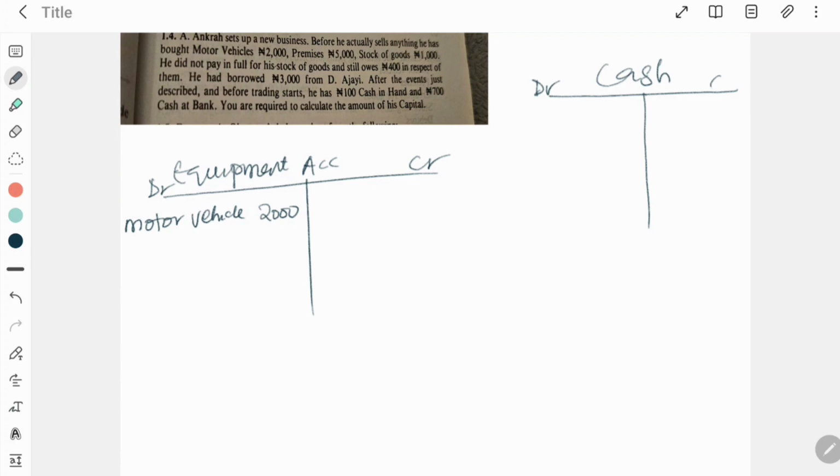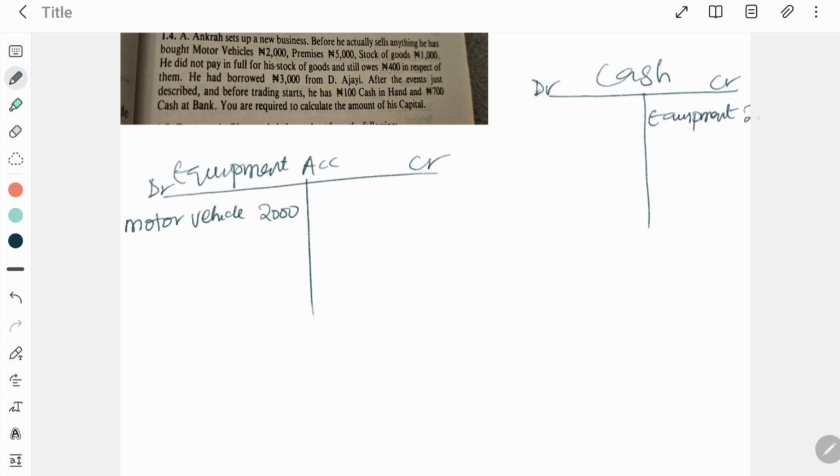This is the cash account. Because of that principle of double entry bookkeeping, we're going to credit this 2,000 naira because we made a purchase and the money will be going out from our account, right?